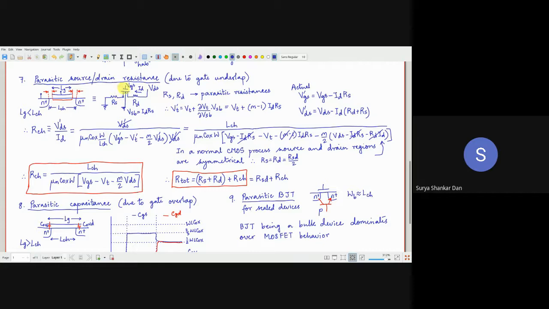So the actual VGS dash, which is being applied between here and here, will essentially be VGS, the one which you are applying, minus the drop across RS.